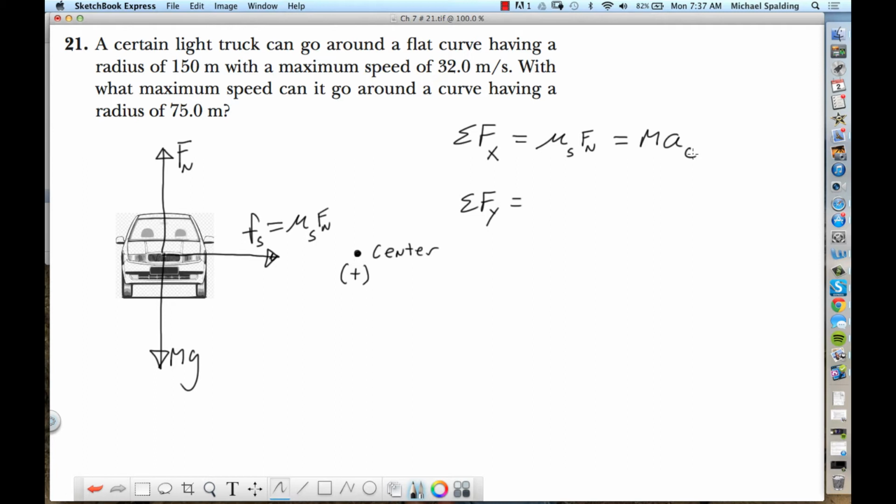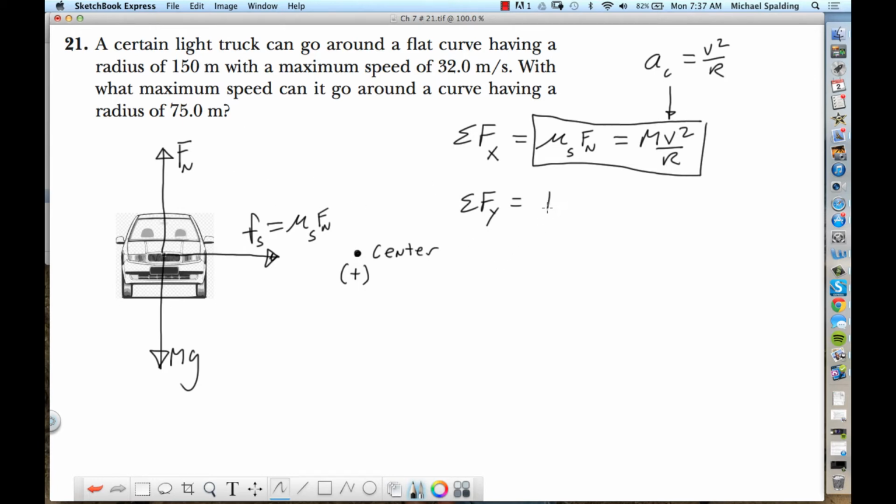Because it's in a circular path. What is centripetal acceleration equal to? It's equal to v squared over r. So we can just plug that in right there for centripetal. So this becomes m v squared over r. And there is a very useful equation for this situation.